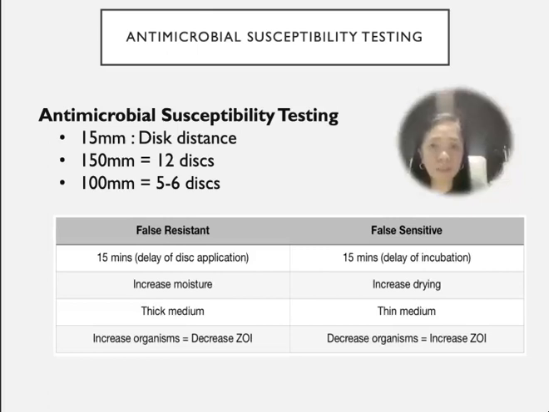Baka 1.5 times 10 to the 10th na. Eh, dami na, masyado. So that would lead to a very small zone of inhibition. Whereas kung kaunti lang ang organism mo, nasobrahan ka sa pag-add kaysa sa standard, ang tendency is malaki ang zone of inhibition, kasi walang masyadong nabutang na organism.